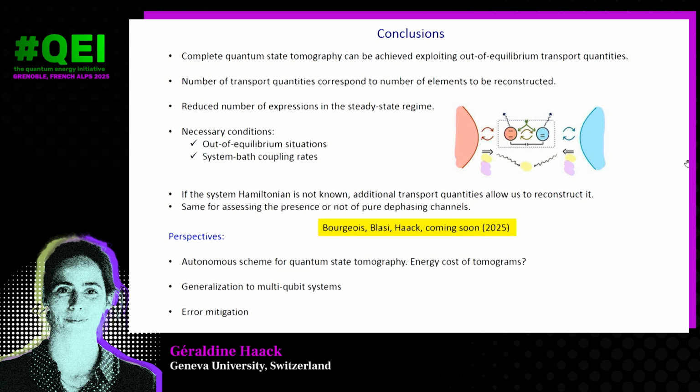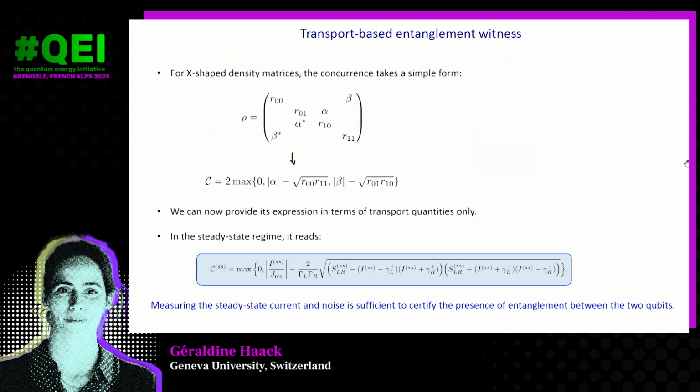Thanks for the talk, Géraldine. I have two short questions. First, you said that the coherences you get from the time derivative of the current, but what exactly do you compute? Is it like the correlation function of the derivative? No, it's just the time derivative of the current.